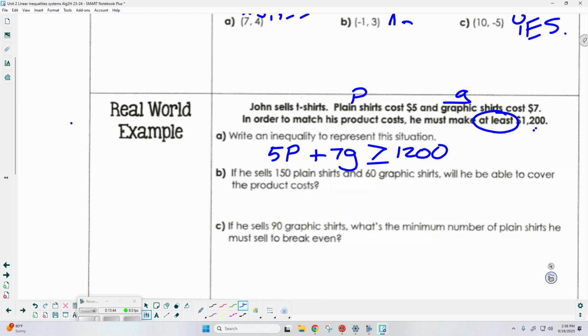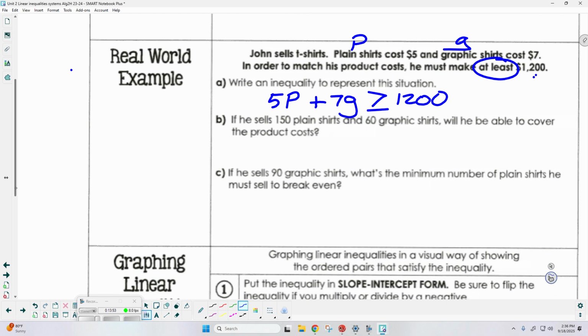Okay. So B, if he sells 150 plain shirts and 60 graphic shirts, will he be able to cover the product costs? Well, let's see. The plain shirts, so 5 times 150 plus $7 for the 60 graphic shirts is greater than or equal to 1,200. All right, so somebody help me out here. The easy one, 7 times 60 is going to give me 420. But I need 5 times 150. 750.